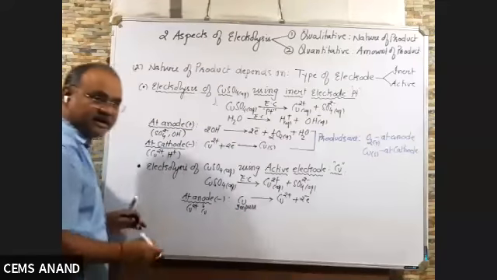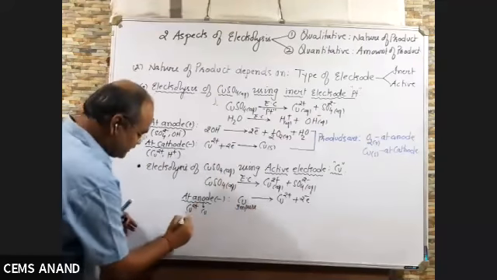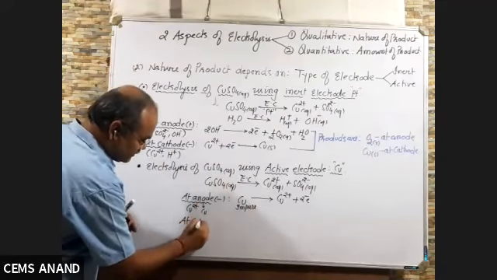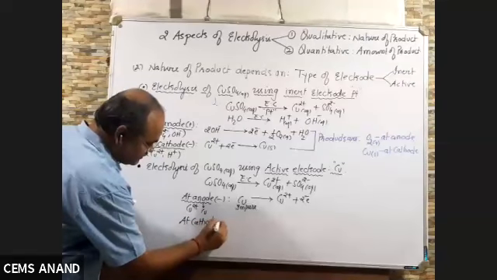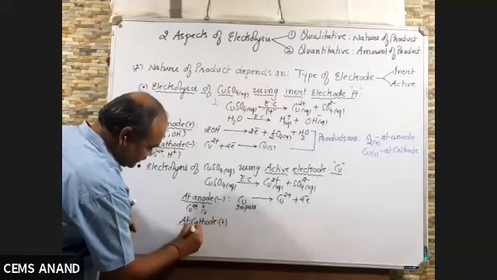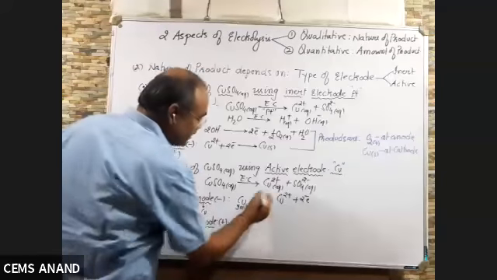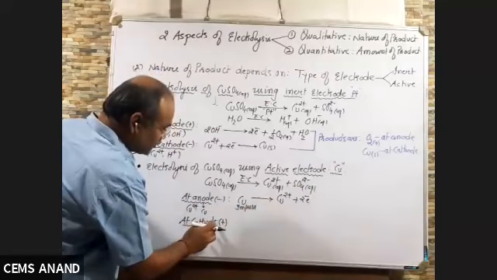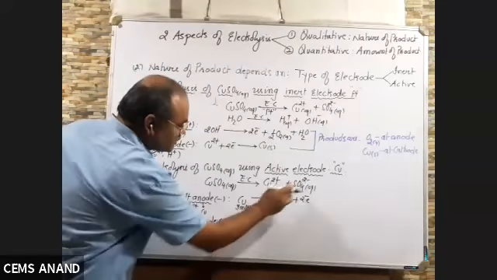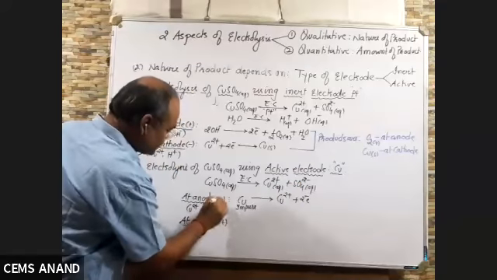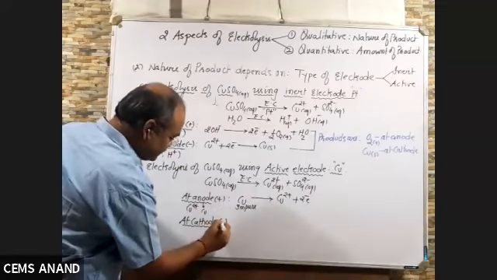This we have studied in 9th, 10th as well as in 11th. And at the cathode, what will happen? Sorry, the anode is positive, the cathode is negative.